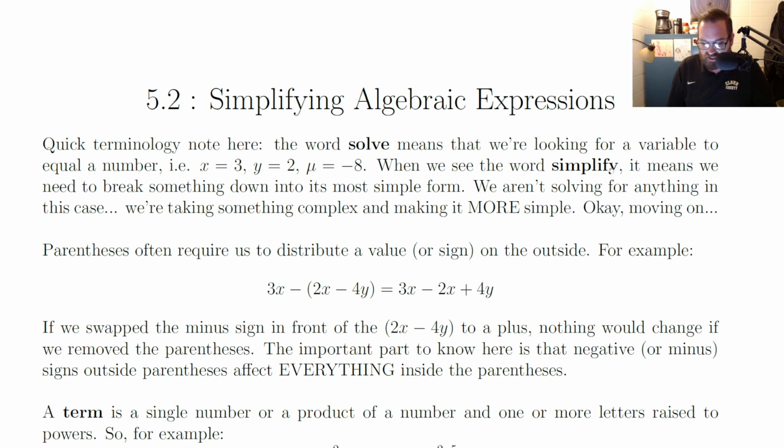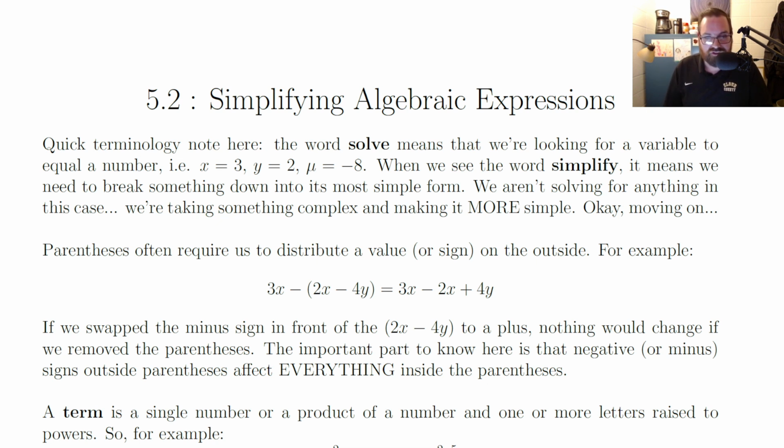When we're looking for a simplification, or we're using the word simplify, it just means we need to break it down into its most simple form. This is generally the biggest mistake a lot of people make: the question will ask you to simplify something, but then they'll try to solve. And in reality, you can't solve anything if you're just trying to simplify it.